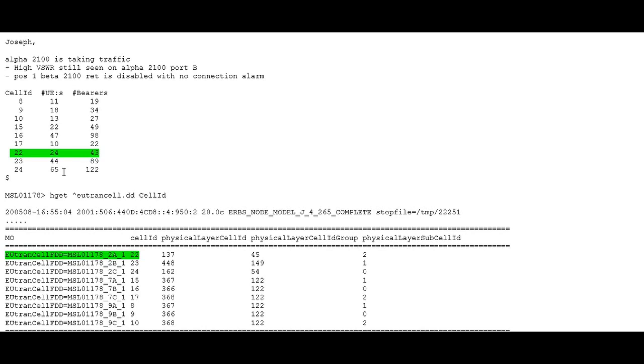We don't have to worry about it, or if nighttime's coming, in which case on this site nighttime is coming, and the crew's not going to have time to fix it. So we need to know if we need to lock that down overnight. If it's not taking traffic, or we see extremely weird numbers, like 24 end users but only 10, 12 bearers, then we have a problem there, right?